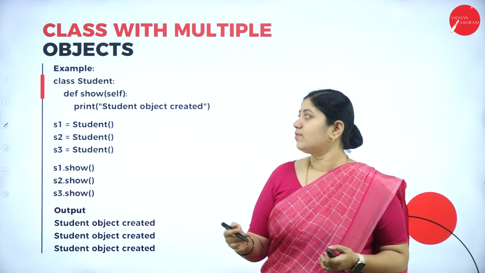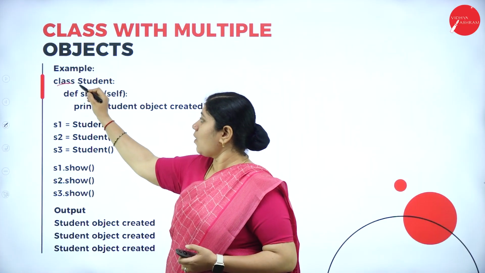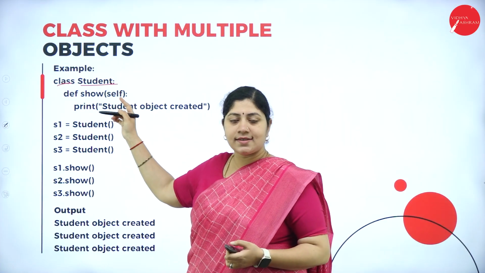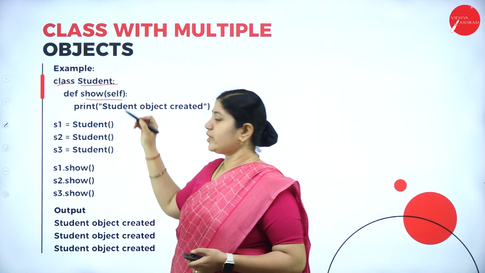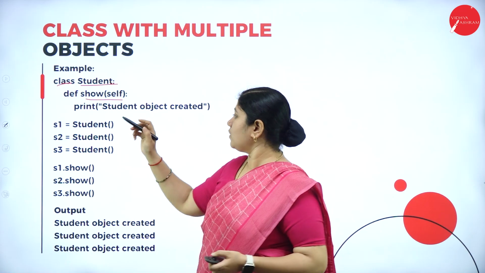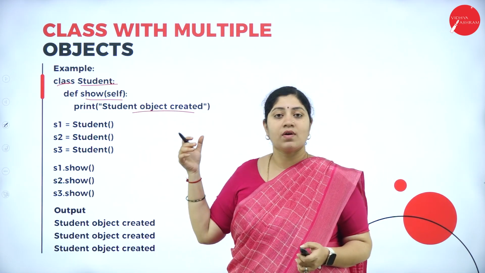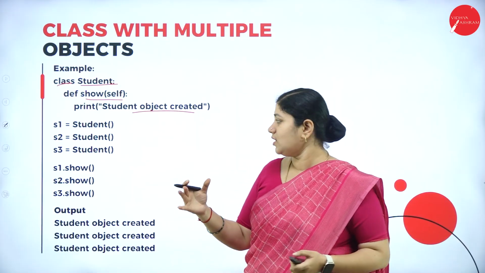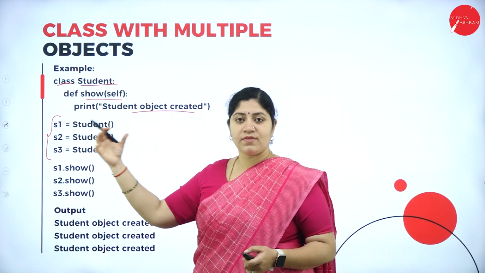Let's move forward and understand the example here. We are again considering a class of student. This is the class that we are defining. With respect to that, we are defining the self properties, then we are printing "student object created". How many times does the same object have to be created? Let's see. It depends on the object definition times.